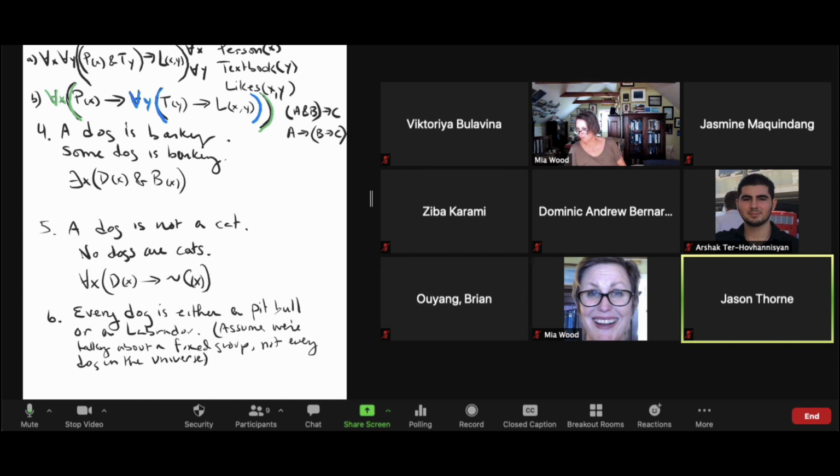Every dog is either a pit bull or a Labrador, and we're assuming that we know the context for the domain of discourse, right? Maybe this fixed group that I'm talking about. Suppose you go to that shelter that our textbook was talking about, and one of the volunteers says, every dog here is either a pit or a lab.